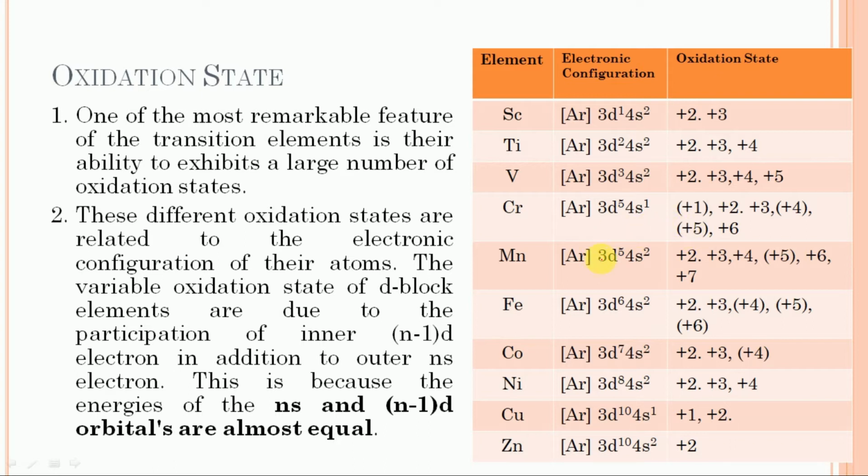Similarly, in case of manganese, it has electronic configuration 3d5 4s2, and it shows oxidation states from +2 to +7.